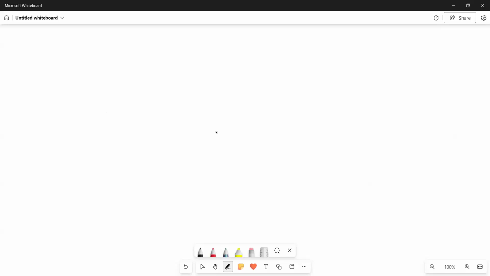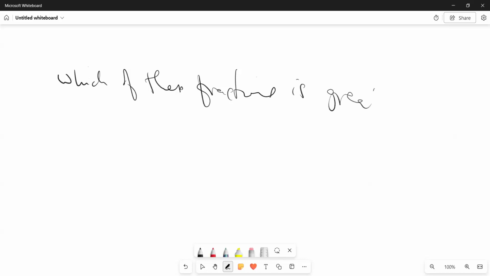Sometimes you can be asked this: which of these fractions is greater, or sometimes you can be given two fractions. Let's say 7/8, there's a box, and let's go with 8/11.